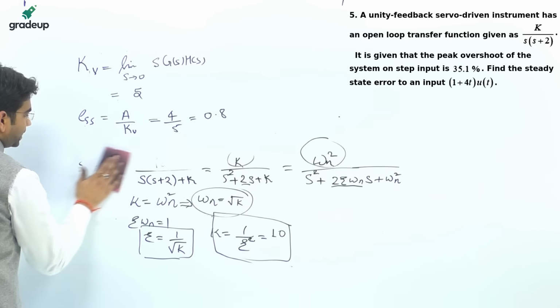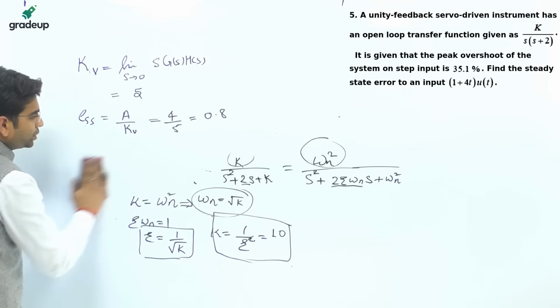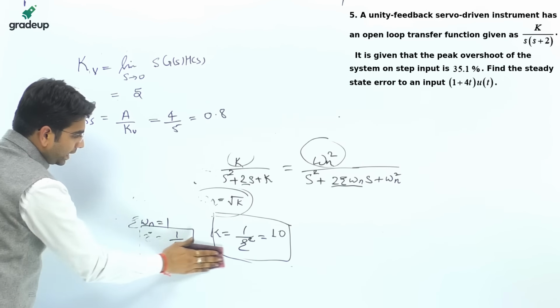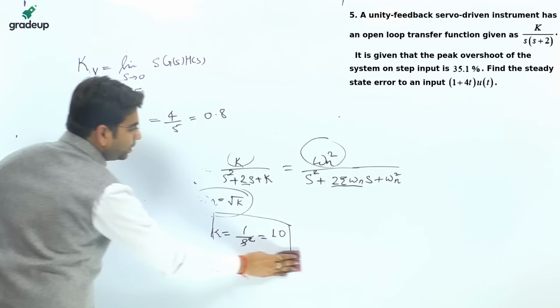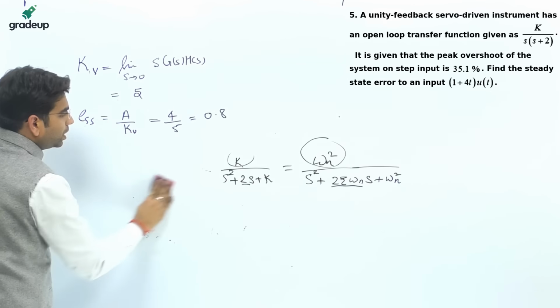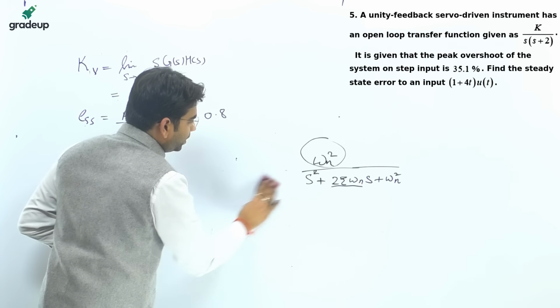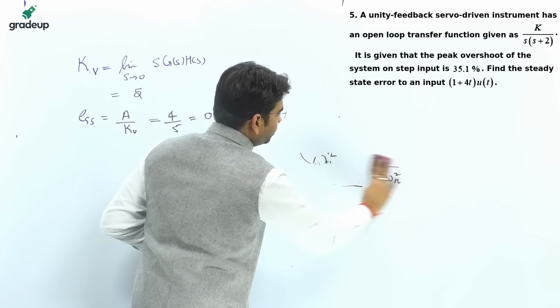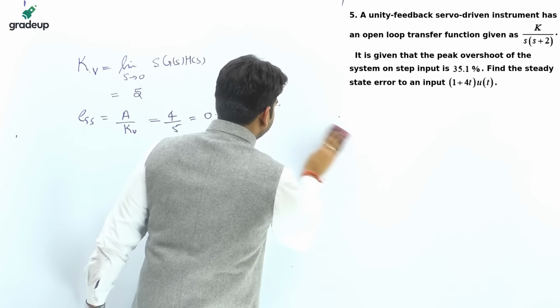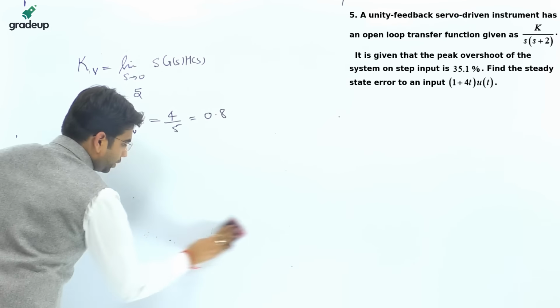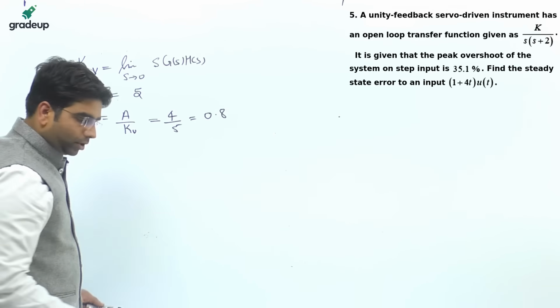ess is equal to limit s tends to 0 of sR(s) upon 1 plus G(s)H(s). That is also a step forward that you can go without calculating this error coefficient. Okay, both ways the equation can be solved and the answer will be there.